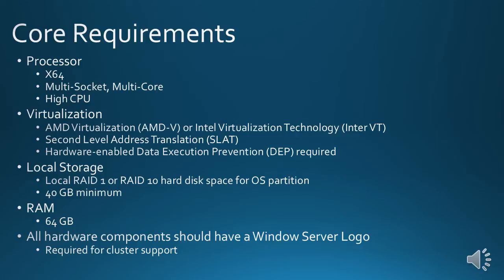Virtualization support is another consideration for this server. The two main processor manufacturers, AMD and Intel, each have their own virtualization technologies for hardware assisted virtualization: AMD virtualization, AMD-V, and Intel Virtualization Technology, Intel VT.